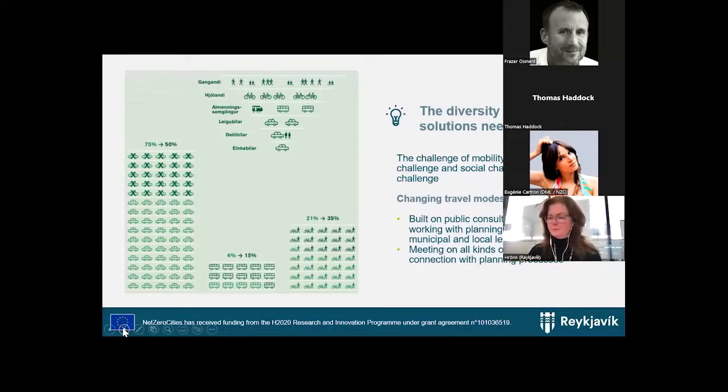Getting back again, we made the policy on climate in 2011 in connection with the participation in the Covenant of Mayors and so on. But in 2016, it was decided to make the vision of being climate or carbon neutral by 2040. And then a detailed action plan was set as well. And that action plan was revised last year.